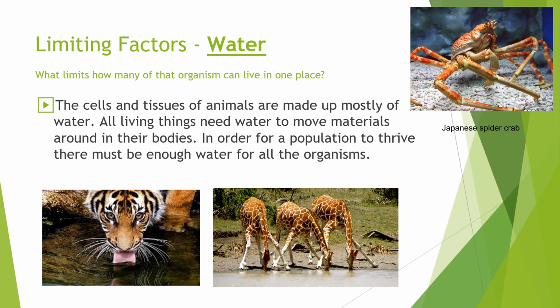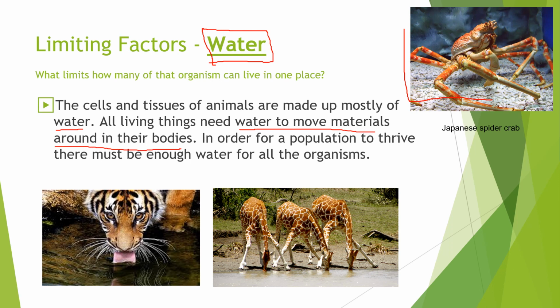And then this is just a picture of a barracuda, kind of a vicious looking fish. Okay. Next limiting factor is water. This is especially true of marine animals such as the Japanese spider crab, which you see up here. The cells and tissues of all animals, whether they're water animals or not, are made up mostly of water. All living things need water, not only to make up their cells, but to move materials around in their bodies.